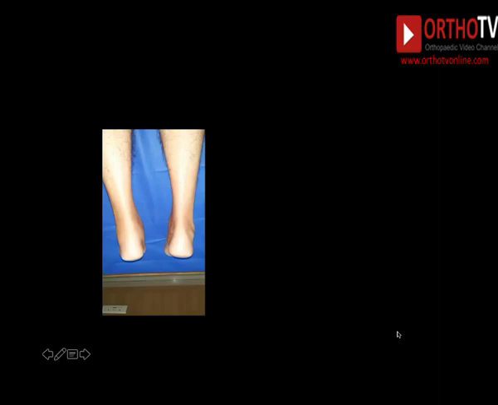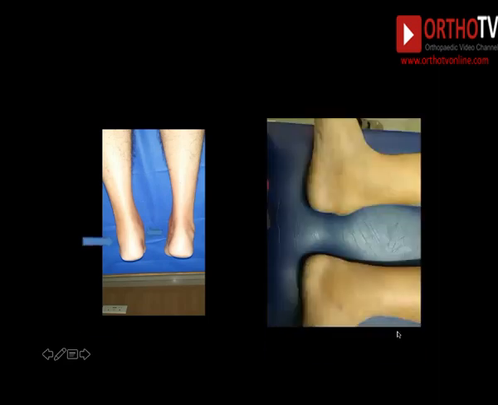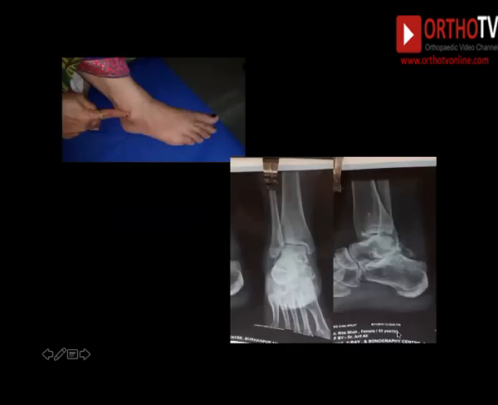So we are definitely dealing with some kind of synovitis or bursitis around the Achilles area. Look at this patient. On the right side, there is a big bump of bone, which may be in the tendon itself, or it may be a Haglund's deformity or bursa. So clinically, we can diagnose so many conditions.